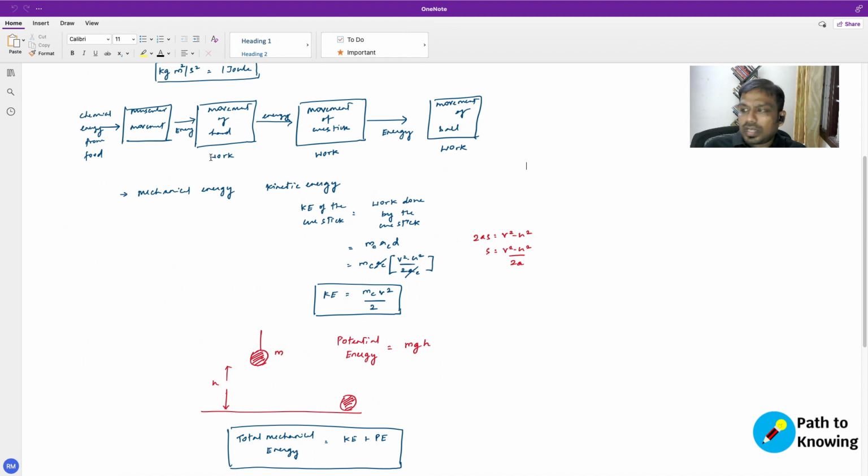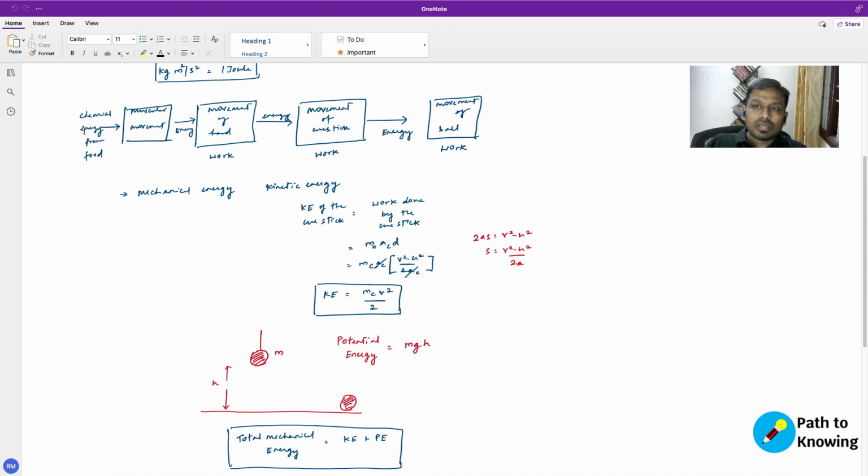The law of conservation of energy states that in an isolated system, which means it is only me as a human, the cue stick and the table, with no other external force, energy can neither be created nor destroyed.